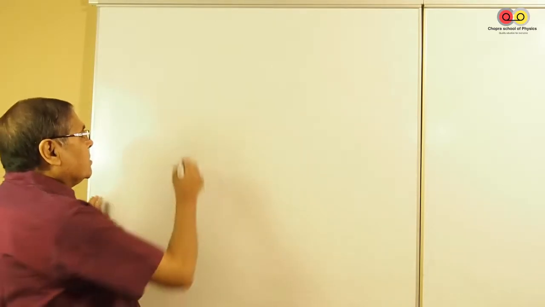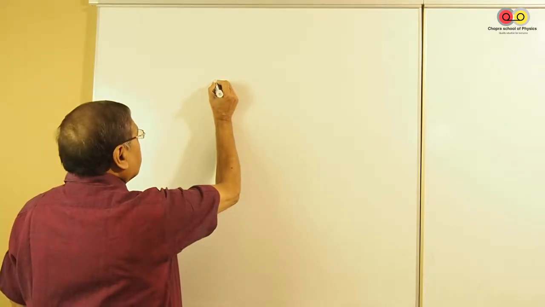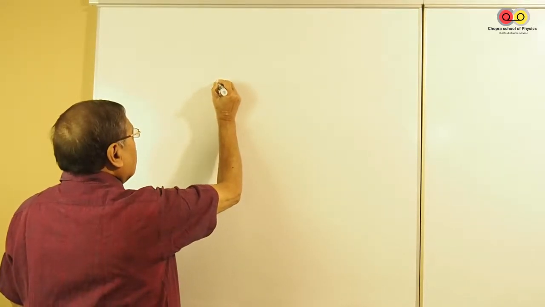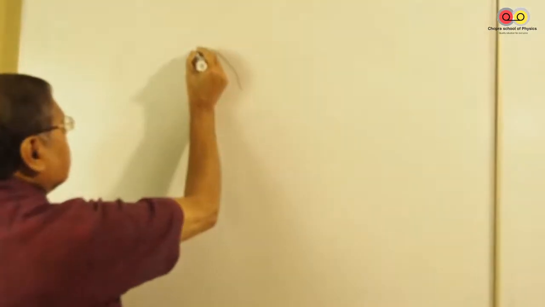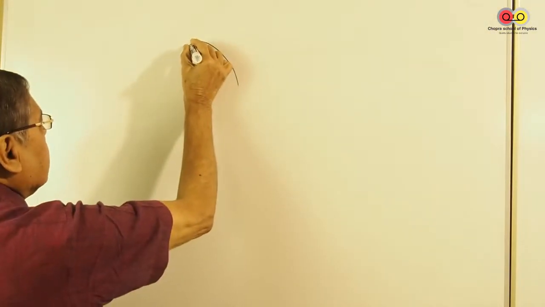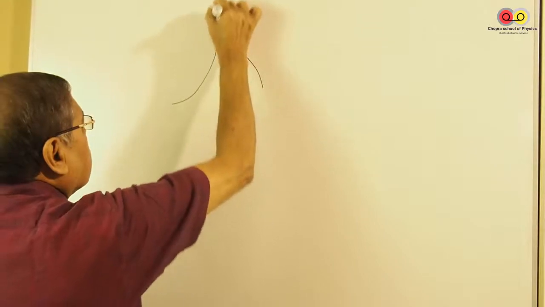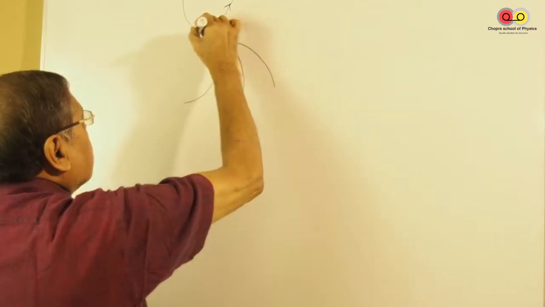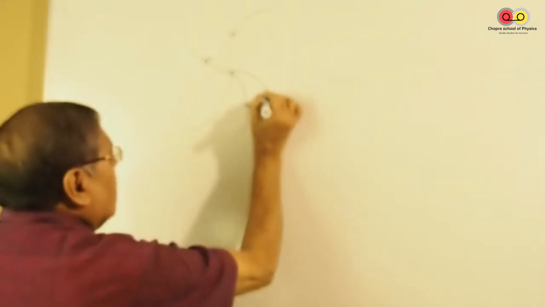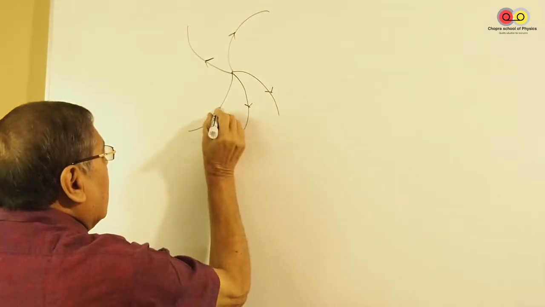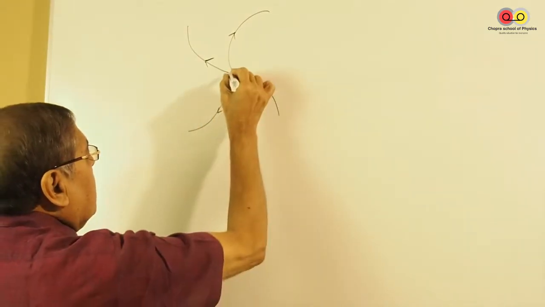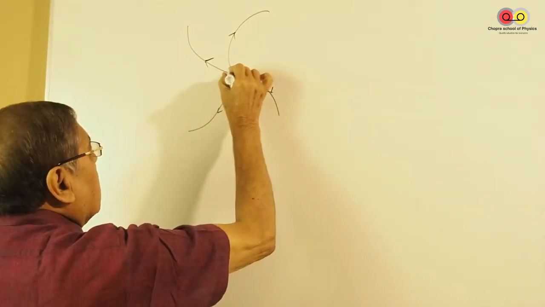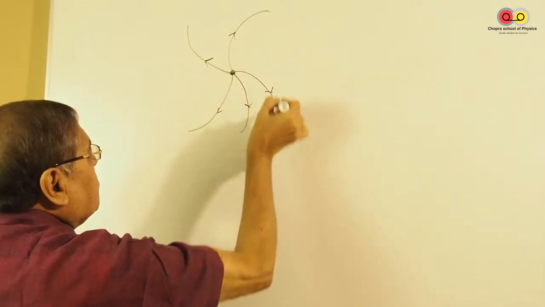Now, suppose that we consider here a point and this point is emitting electrical lines of forces like this. This is the pattern of the lines of forces given out by a charge. And you are observing arrows are indicated outward. This is a point charge, and this is emitting lines of forces.